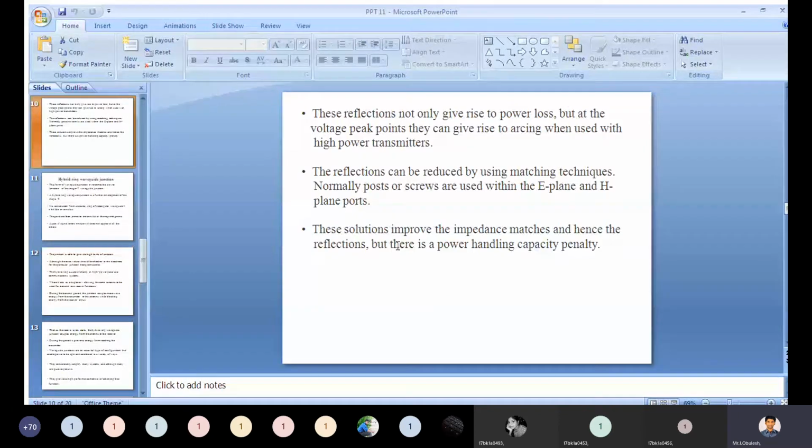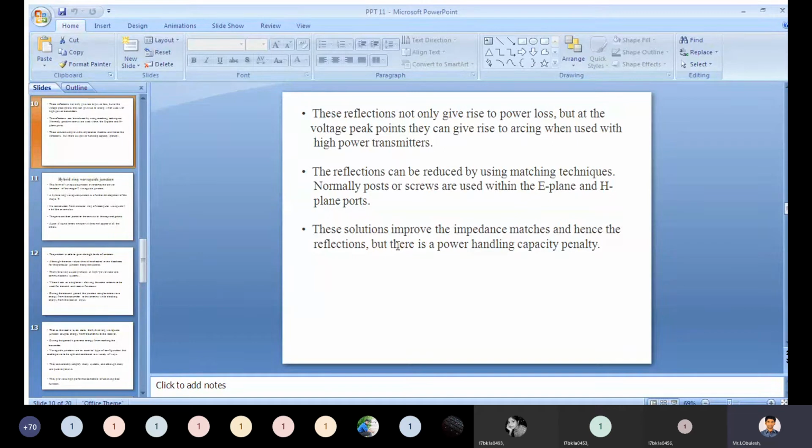Normally the posts or screws are used between the E plane and H plane ports. So either you use these matching techniques inside the magic T waveguide junction, or with the help of those techniques you are able to overcome the reflections or mismatches you are getting in the waveguide junction.